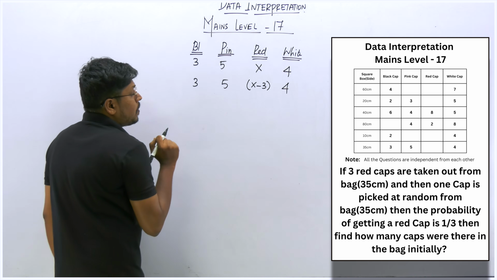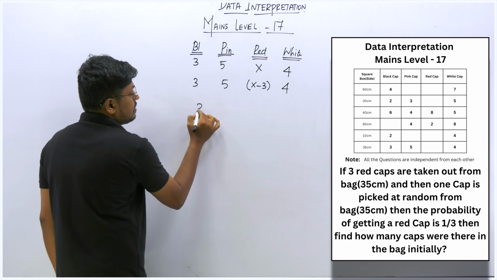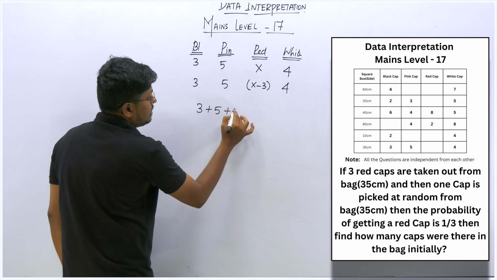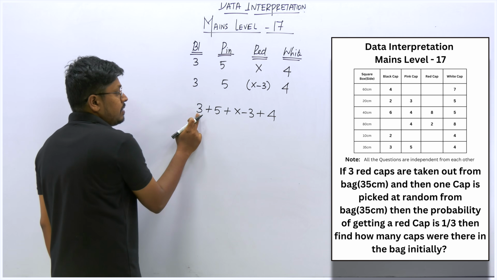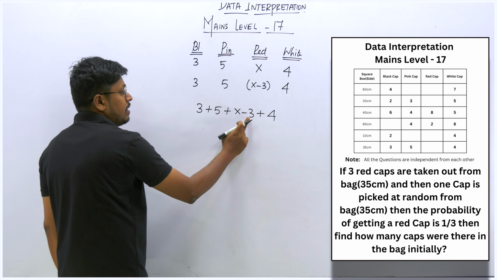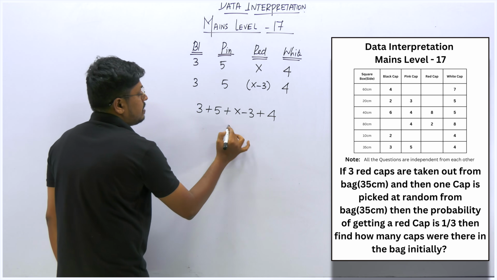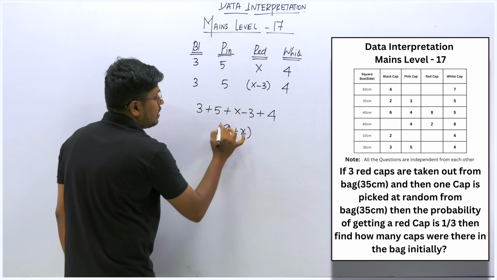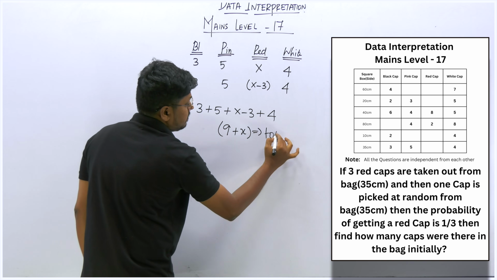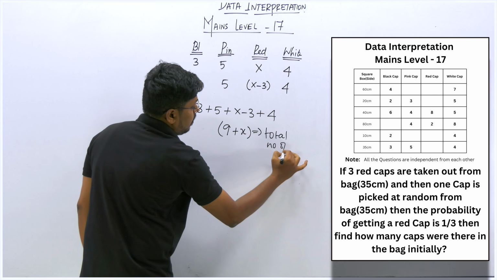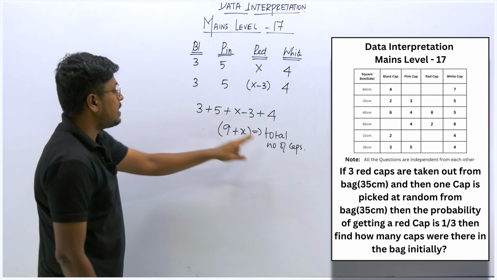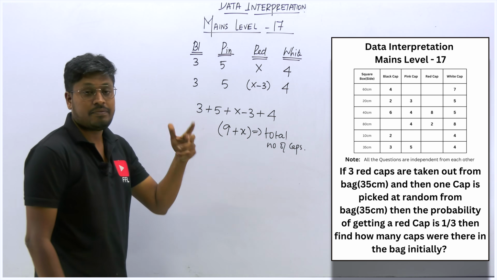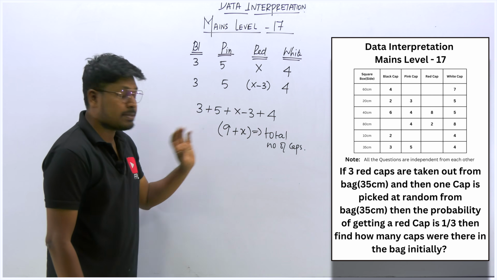Now what is the total here? 3 plus 5 plus X minus 3 plus 4. 5 plus 3 will be 8. 8 plus 4 is 12, and 12 minus 3 will be 9. So 9 plus X will be the total number of caps in the bag. So initially we found the total number of caps inside that bag of 35 centimeter will be X plus 9.